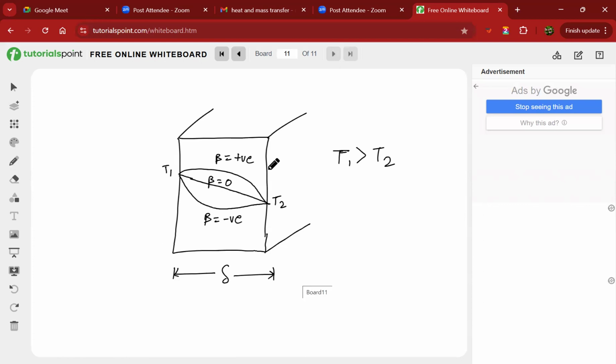So how do you define the variation of thermal conductivity with respect to temperature? It is defined by this: K is equal to K naught into (1 plus beta T). What is K naught? This K naught is the thermal conductivity at 0 degrees Celsius.